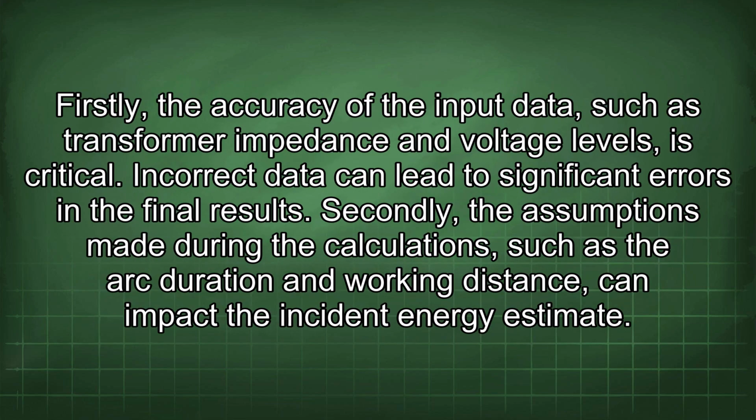In practical applications, several factors can influence the accuracy of these calculations. Firstly, the accuracy of the input data, such as transformer impedance and voltage levels, is critical. Incorrect data can lead to significant errors in the final results. Secondly, the assumptions made during the calculations, such as the arc duration and working distance, can impact the incident energy estimate.